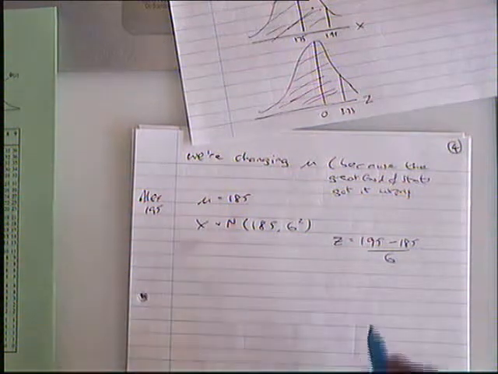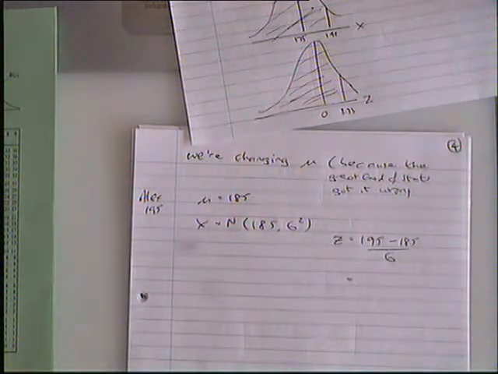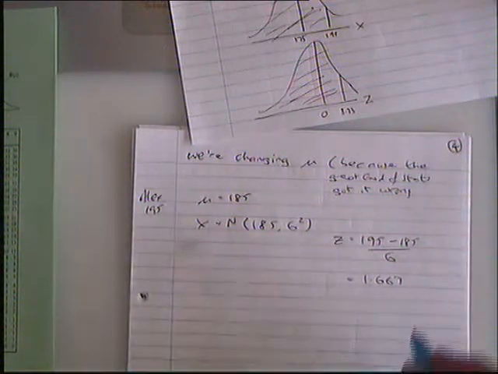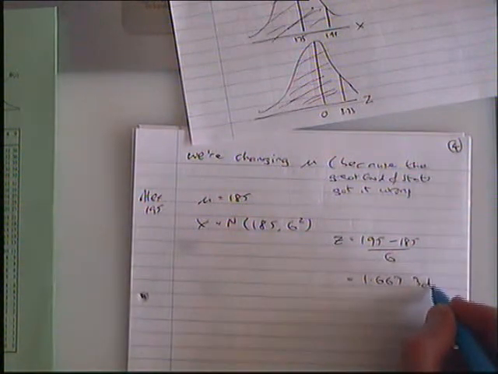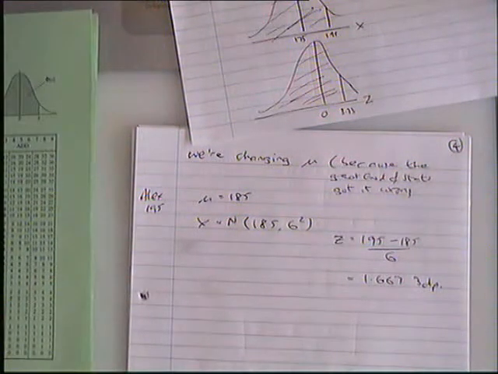What does that come out to be this time? Yes, that's exactly right. 1.6 recurring, yeah. So if we do it to 1.667, if you do it to 3 decimal places, that's accurate enough. I'm just going to stop here because I'm running out of time in this video.